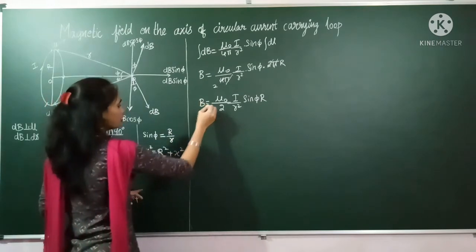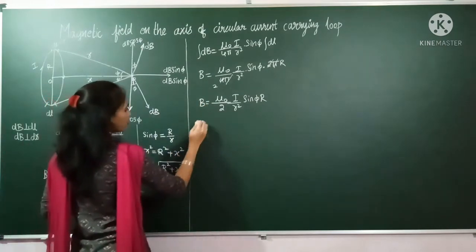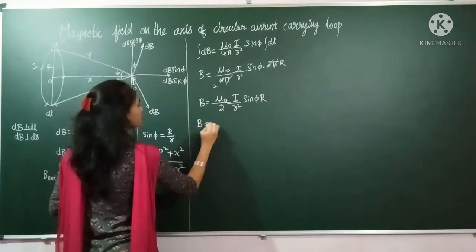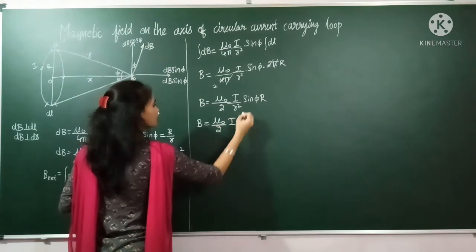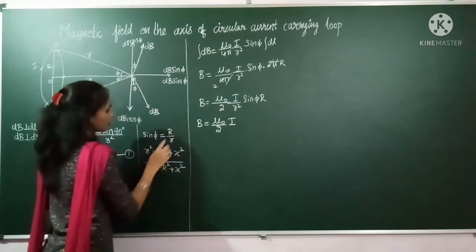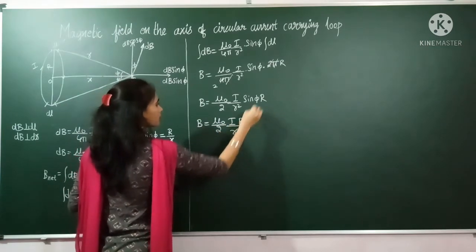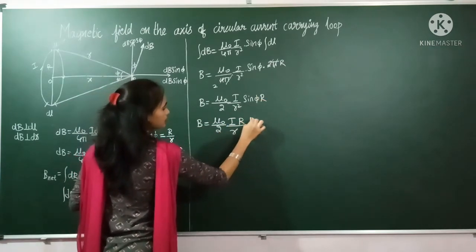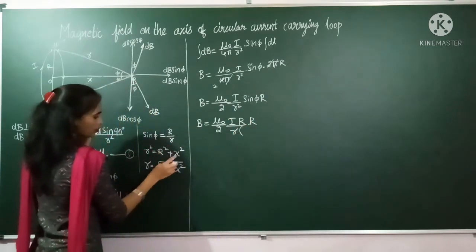So in this equation we will substitute this sin φ value and r value. What we will get: B is equal to μ0 divided by 2, I, sin φ value is R by r, and this r value is as it is, r² is R² plus x².